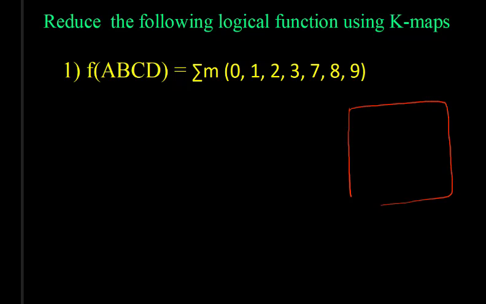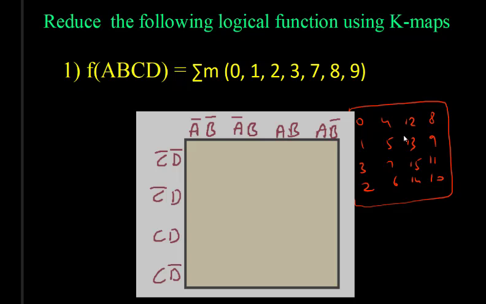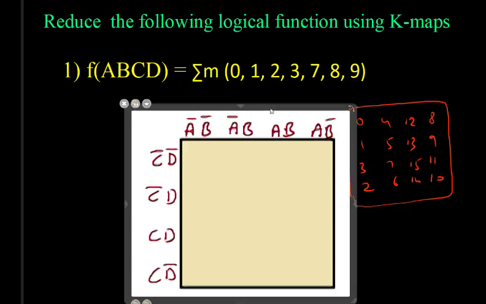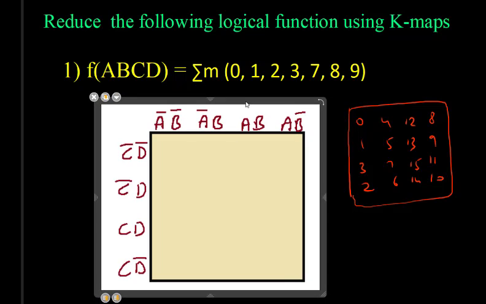The cell numbers are such that this is 0, 1, 2, 3, then 4, 5, 6, 7, 8, 9, 10, 11, 12, 13, 14, 15. So these are the cell numbers, and this is the required K-map.